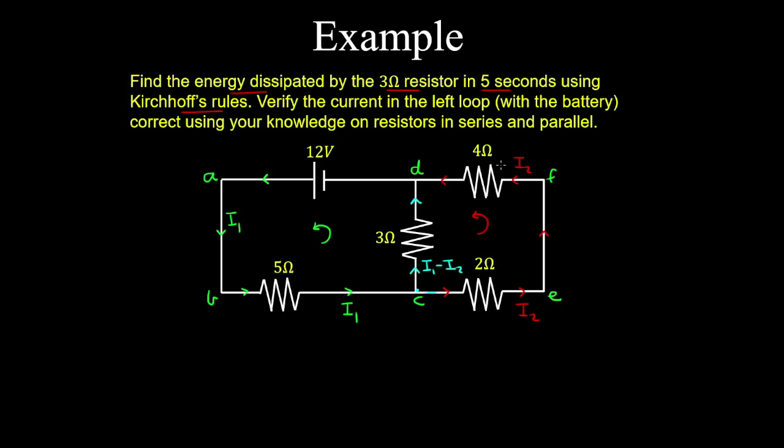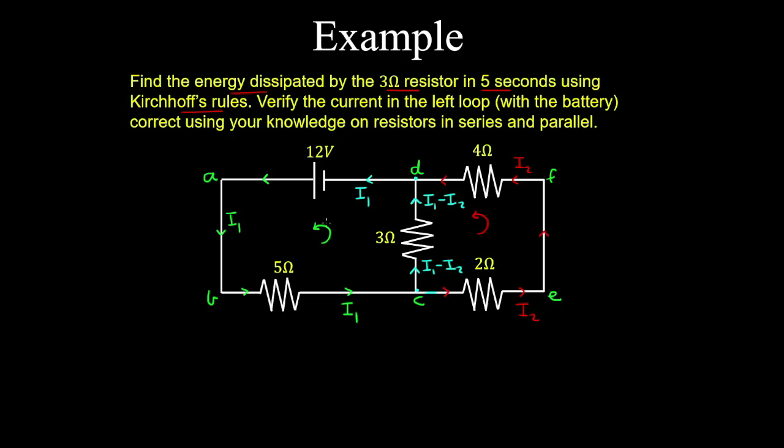So note that I2 entering junction D plus I1 minus I2, which is also entering junction D, results in I1 if we add them together. So that's by Kirchhoff's junction rule.